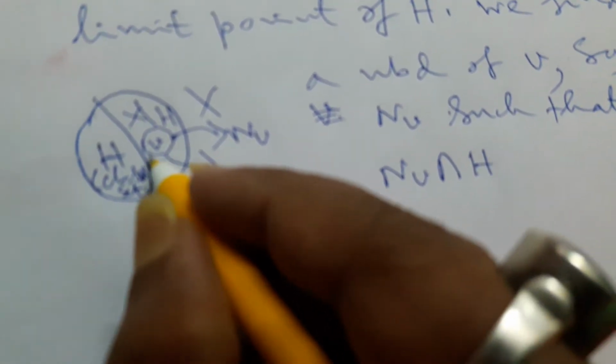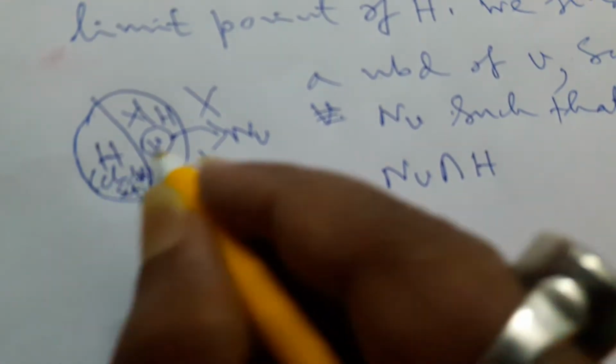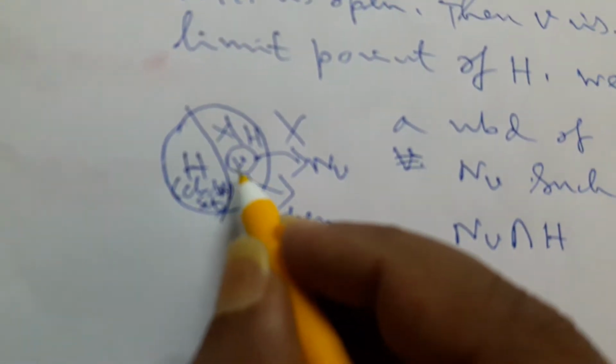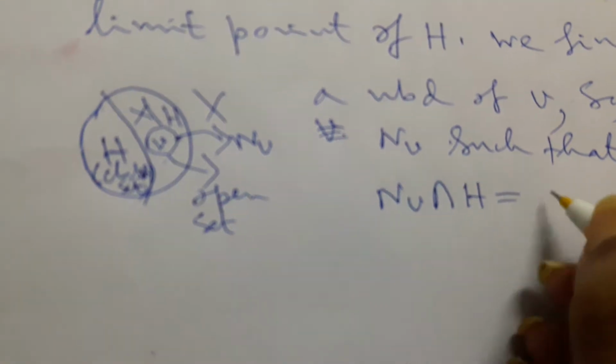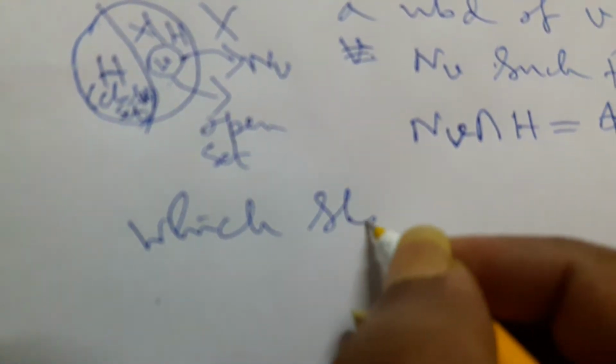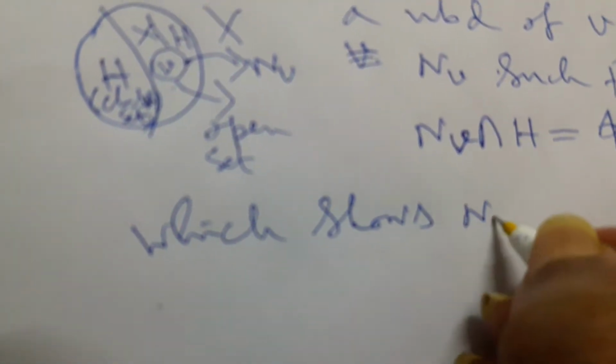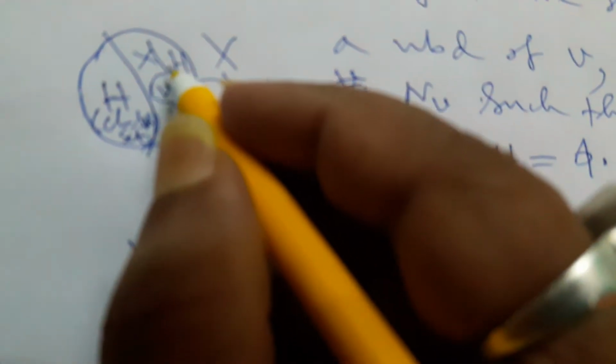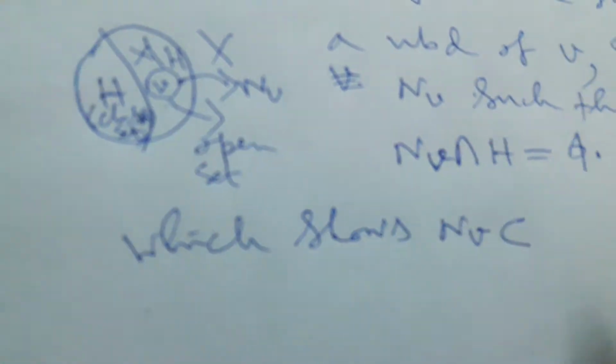This is the part of NV and this is the part of H. They are disjoint, so clearly the intersection is phi, which shows that NV is included in X minus H. It is clear from the diagram.